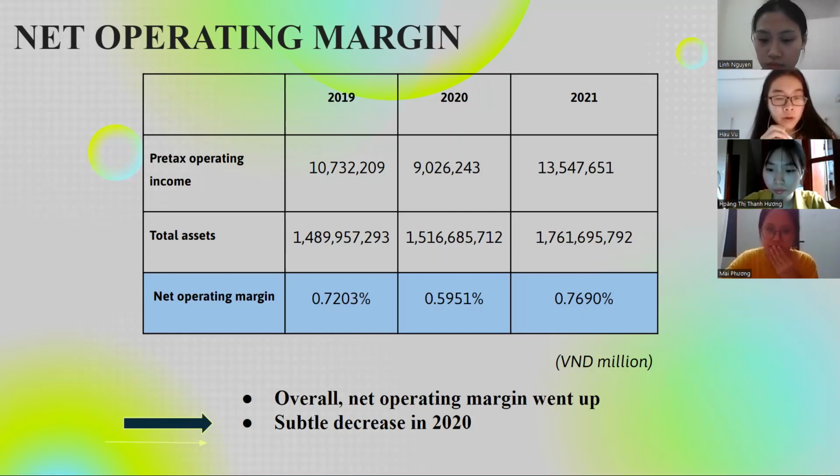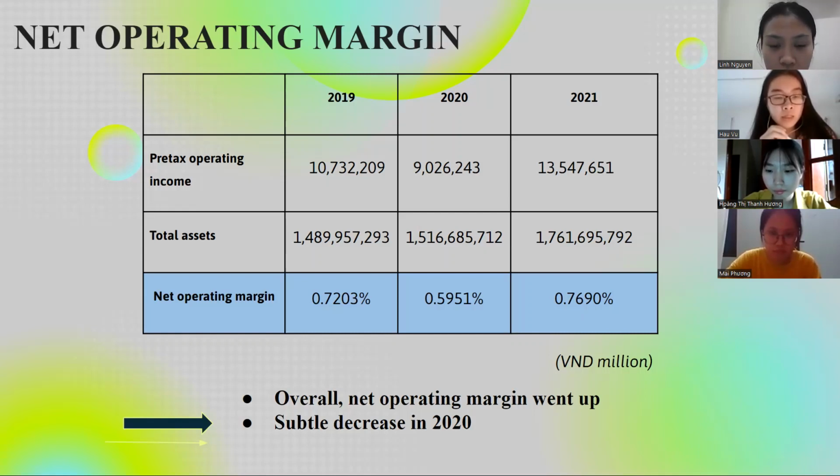The pandemic hurt the whole Vietnam economy, so BIDV was not an exception. In that situation, the BIDV net operating margin decreased slightly only in 2020 and then went up to 0.769% in 2021.